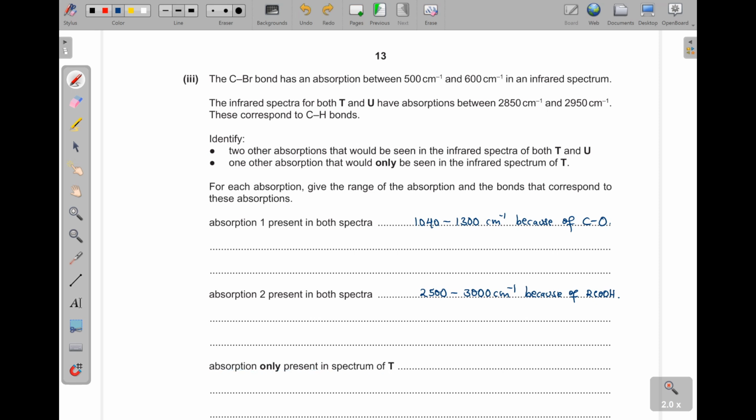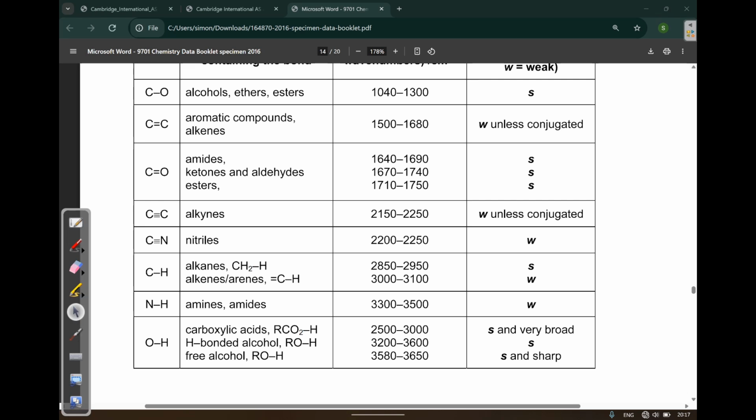The other one could be from this data booklet here. This one here, I would take 1670 to 1740. Okay, but you find that in the scheme, they can give you something like 1680, then to 1730.